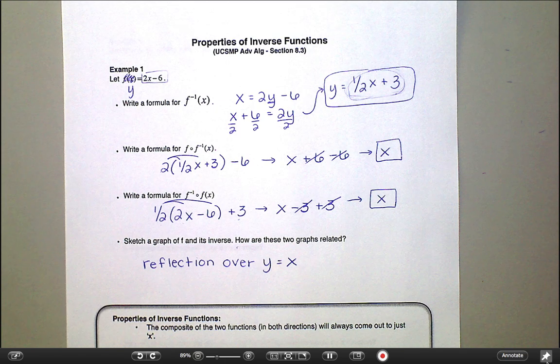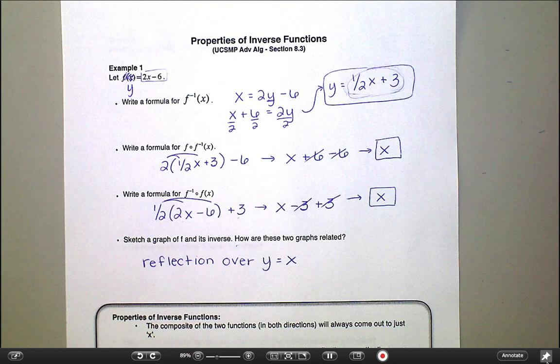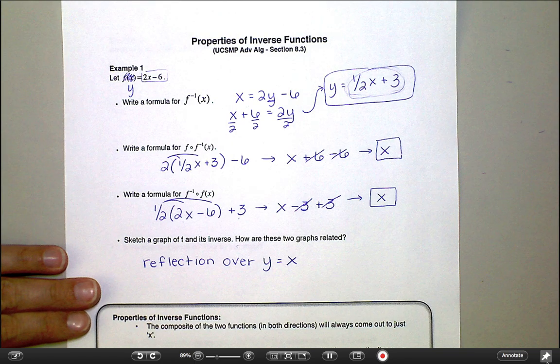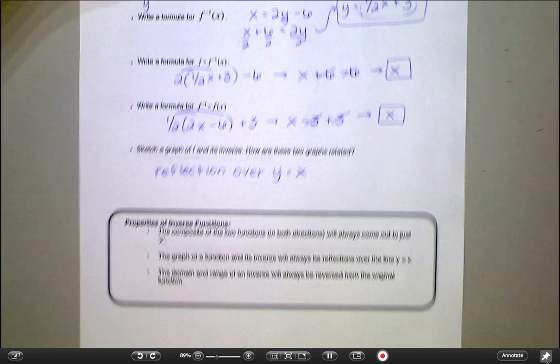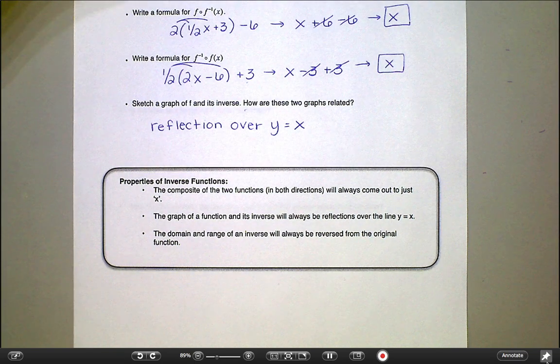There'll be reflections over y equals x. Okay, I'm not sure if I left this next part in your notes or not, but I just want to kind of formalize everything that we just talked about. So these three properties are really, really important for you to know about inverse functions.